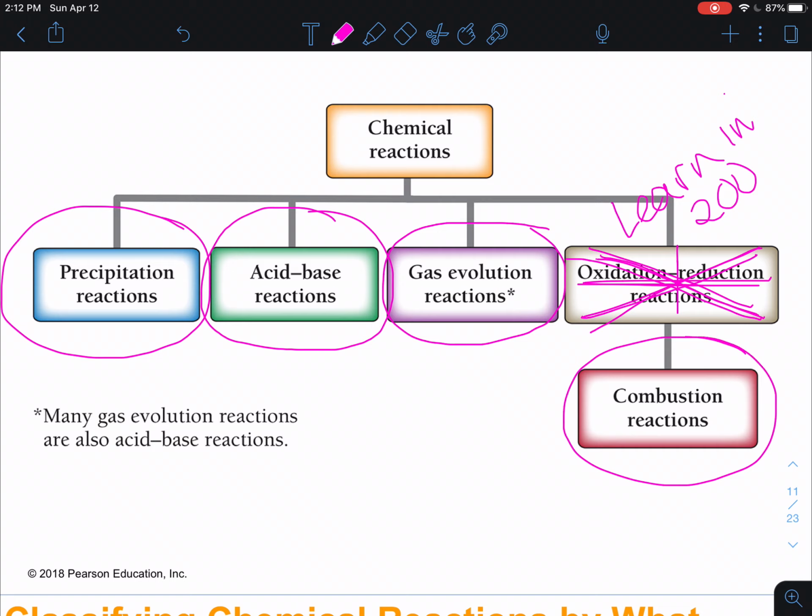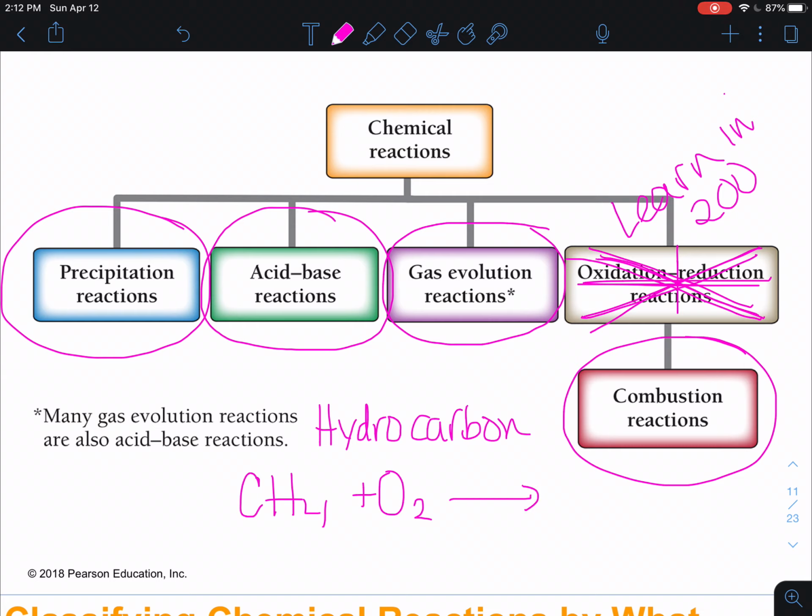Combustion reactions are always a hydrocarbon. Right? A hydrocarbon will be something like methane, CH4, plus oxygen, and then some kind of small heat source, and that'll give you CO2 and H2O.